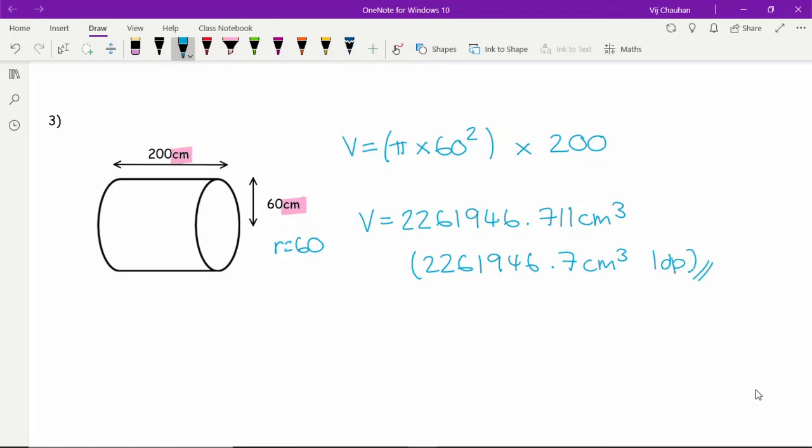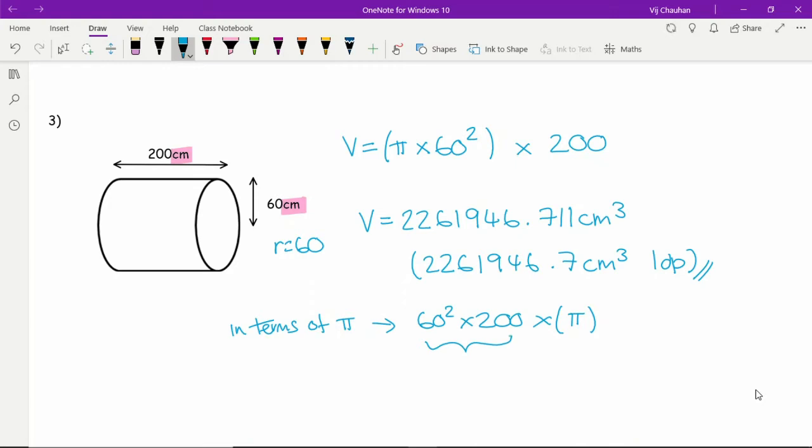Now, if we wanted to give this answer in terms of pi, what I would do is 60 squared times 200 times pi. I'm going to leave this pi by itself, and just work out what those two things are.